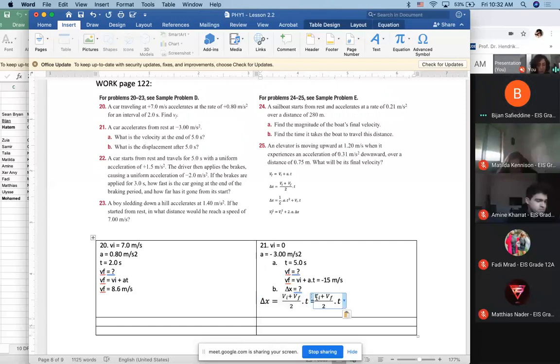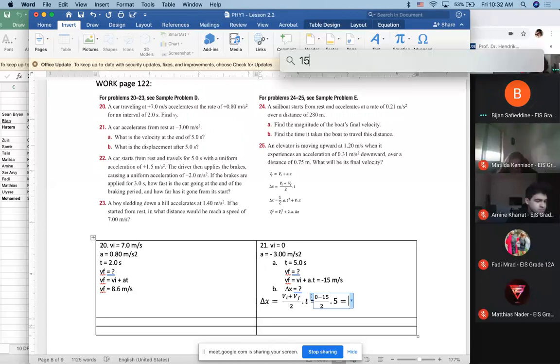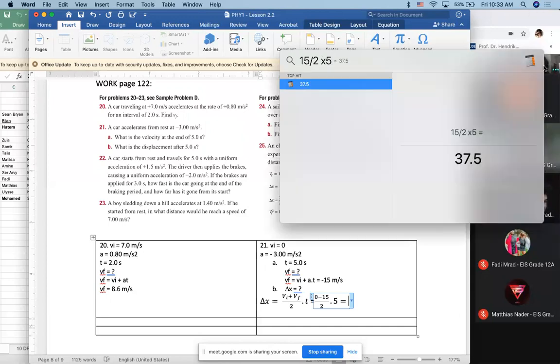V initial is 0. I'm gonna replace this by 0. V final has already been found to be negative 15. And time is 5. I'm not gonna wait for you to do the calculations because I'm a bit angry. 15 over 2 times 5. I'm gonna do it. I'm the old lady in here, not you guys. 37.5, to 2 sig figs, I'm gonna say 38.